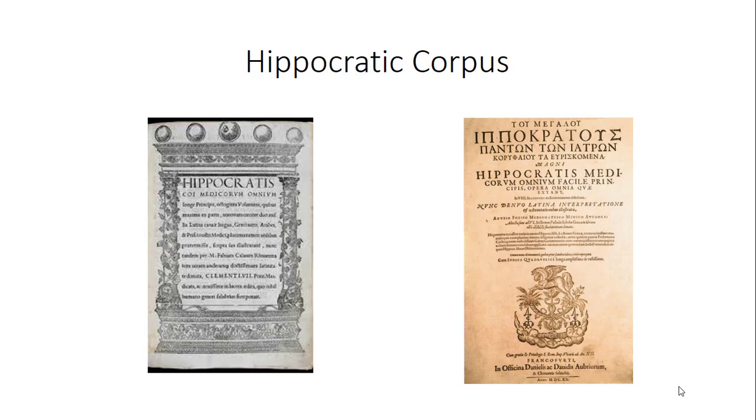So the treatises included in the Hippocratic corpus covered a whole range of different topics. There were surgical treatises, there were gynecological treatises, there were treatises that included recipes or prescriptions of medicines for various illnesses. There were treatises that included a lot of natural philosophy about the human body and what it was made up of.